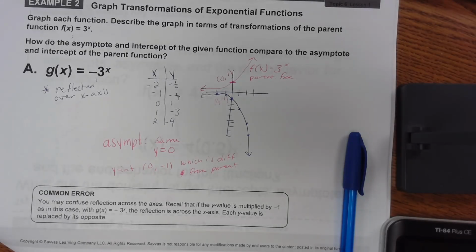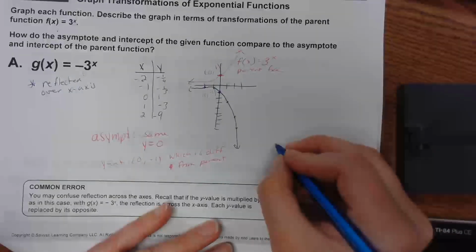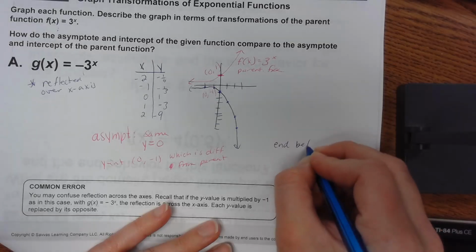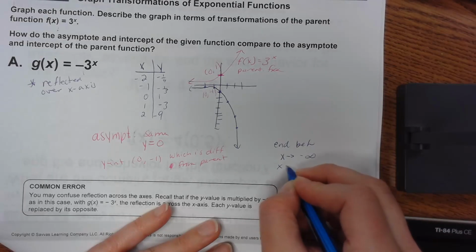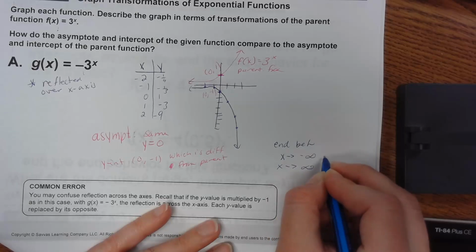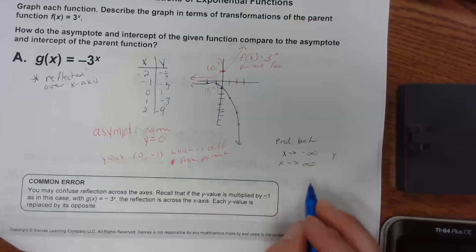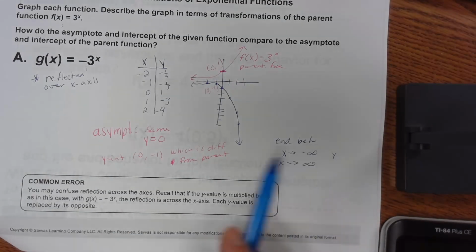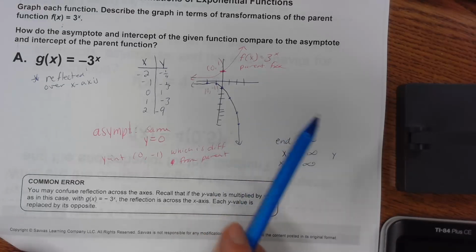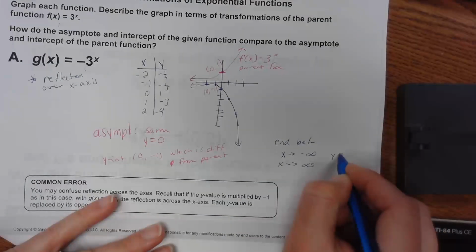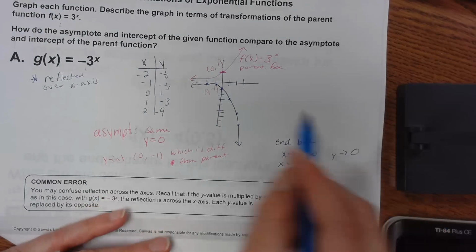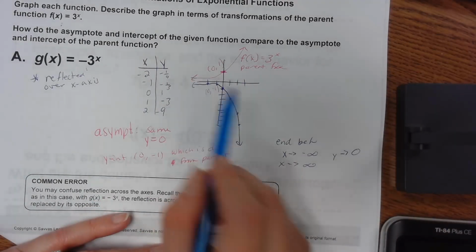Okay. Now let's bring in some end behavior here, even though it doesn't ask for it. So as x is going to -infinity, what is my blue graph going towards? And that should be 0. Even though we're on the bottom, it's still headed towards 0.